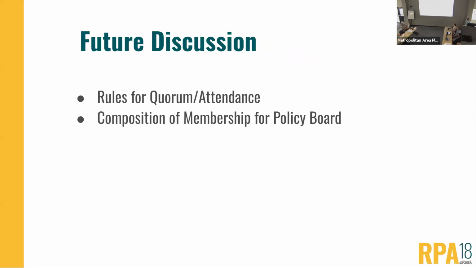And then we kind of made a list for future topics to think about, the rules for quorum and attendance. Right now we need three policy board members, and attendance has to be in person, voting has to be done in person.